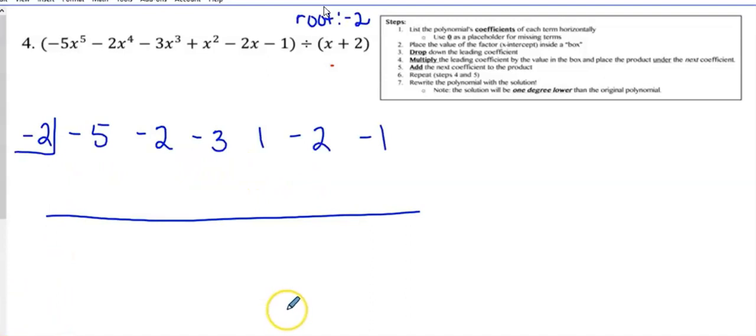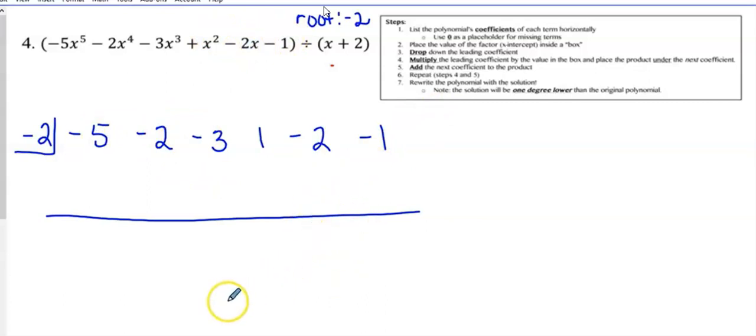All right, so this is what it should look like after you set it up. Now I want you to pause the video again. Oh, let's just talk about this for a second. If the factor is x plus 2, then the root is negative 2, and so that's what goes in the box there. And you didn't have a placeholder because you had 5, 4, 3, 2, 1 constant, so you didn't have a placeholder here of 0.